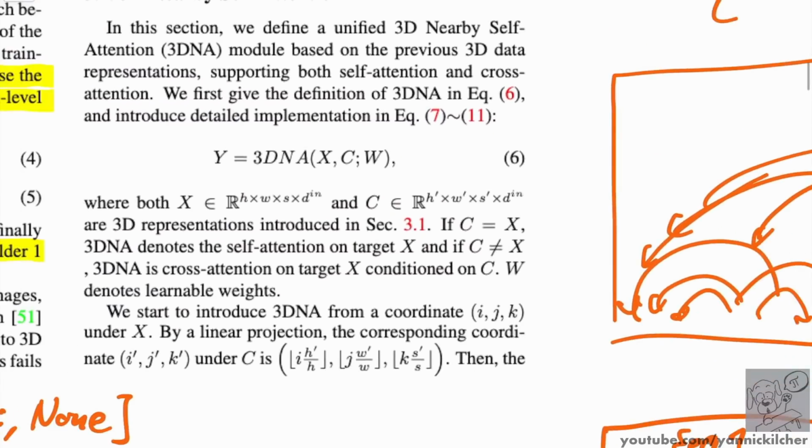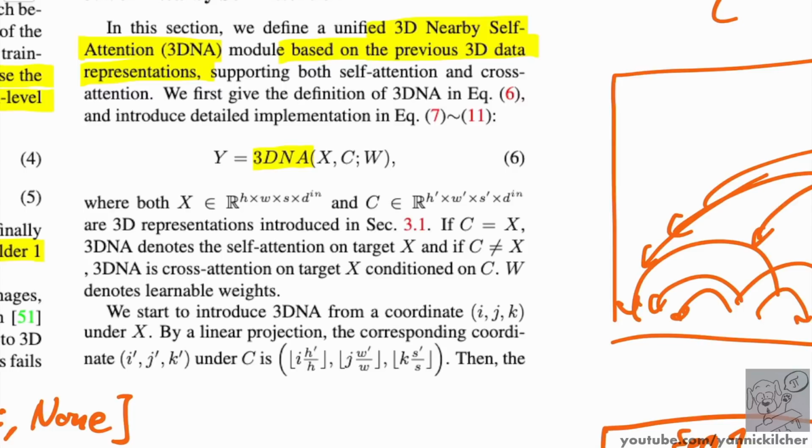Okay, same thing here. What they have is this layer called 3DNA. That's the entire layer name, 3DNA, which is 3D nearby self-attention. They say this is based on the previous 3D data representation. So by 3D they essentially mean 4D, but 3D tokenized, and then each token has a vector.